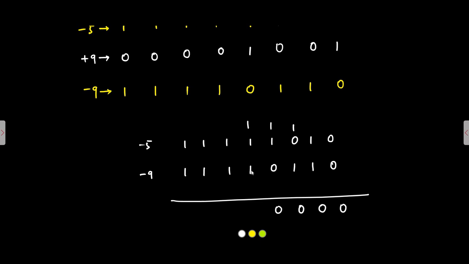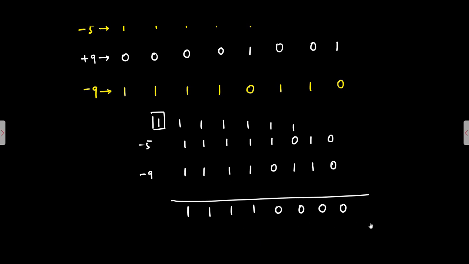So here 1 plus 1 will be 0 with a carry of 1, that 0 will be added to 1, it will become 1. Same thing here, 1 plus 1, 0 with a carry of 1, 0 plus 1, this will be 1. 1 plus 1, 0 with a carry of 1, that added with this carry 1 will become 1. Same thing here, 1 plus 1, 0 with a carry of 1. So this final carry will be added to the LSB.